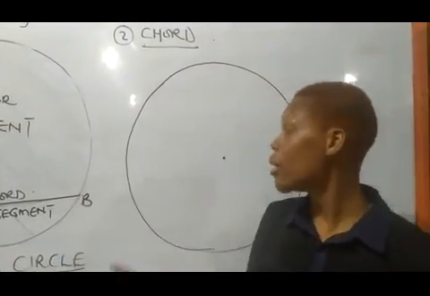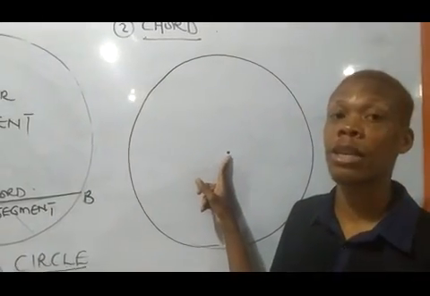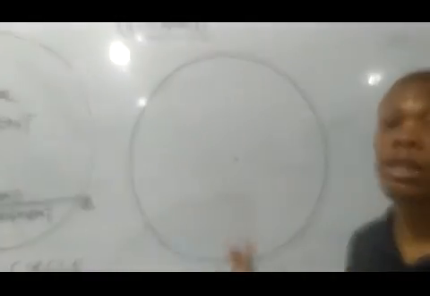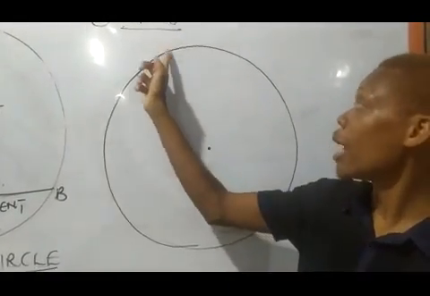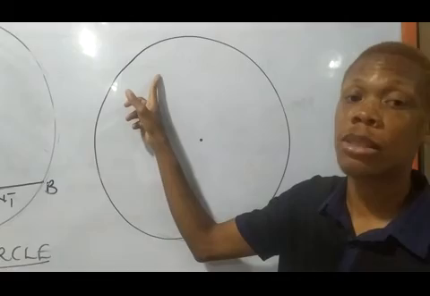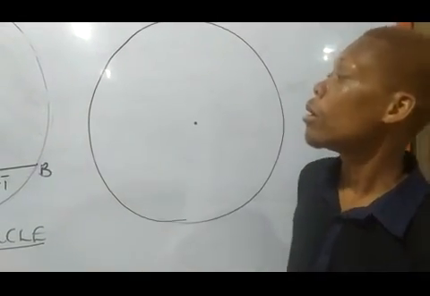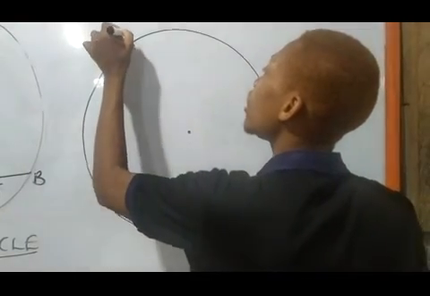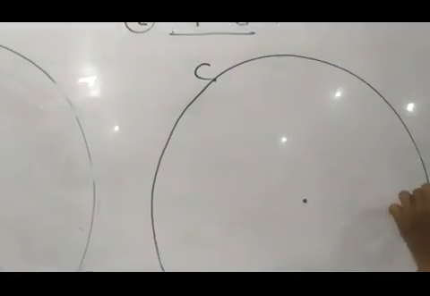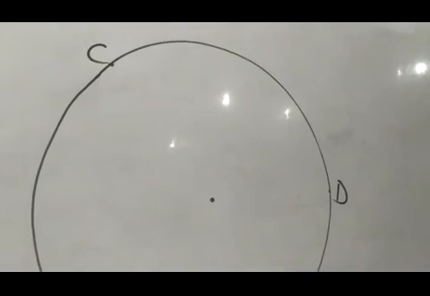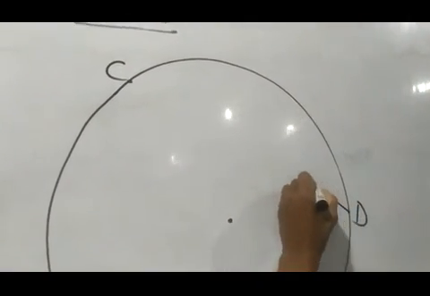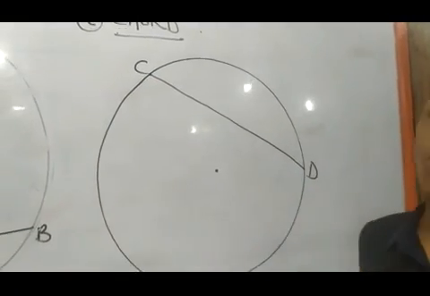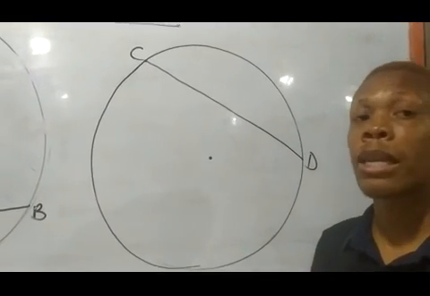So to go from the beginning, this is the center of the circle. This is the circumference of the circle, the thick black edge that you see here. A chord joins 2 points. So if I have this point C and another point here, D, the line joining these 2 points C and D is called a chord.